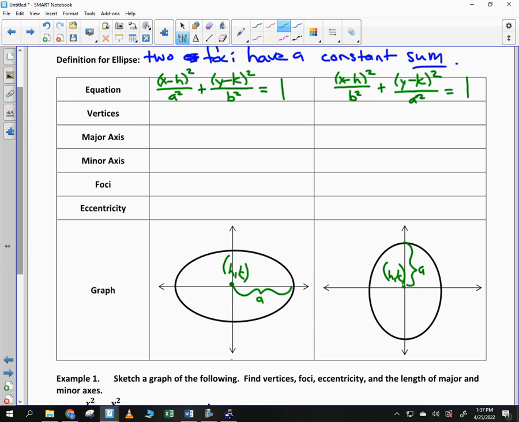So let's understand these are the vertices, these endpoints right here. And they are a units from the center. So from h, our x value, we move a units to the right or a units to the left. And then the k value stays the same.